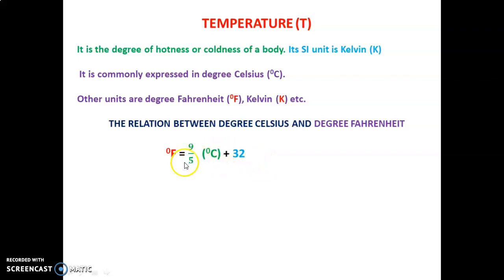If a body has a temperature of 10 degrees Celsius, then how will you find the degree in Fahrenheit?